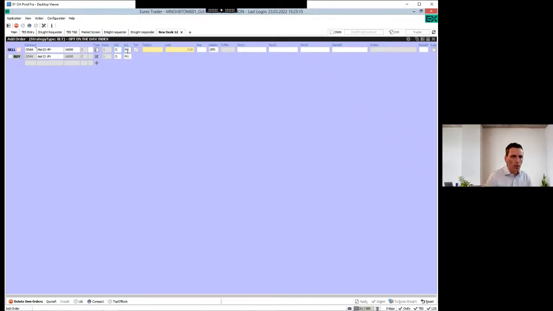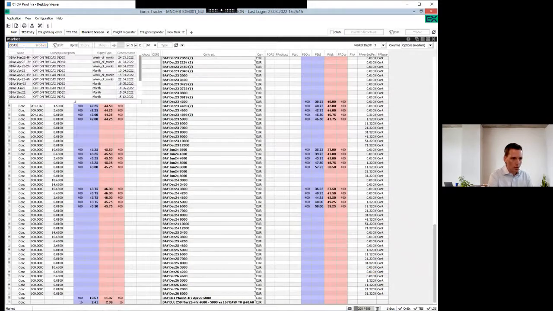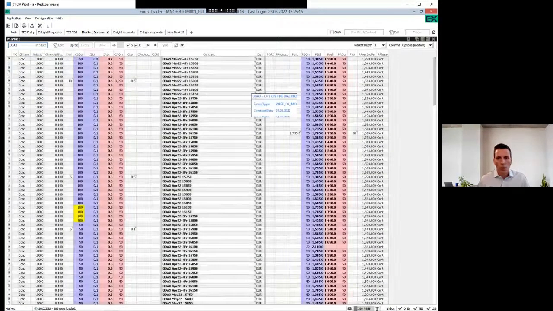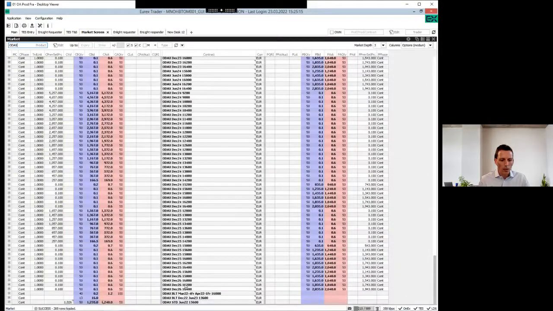You add the account, quantity. You can also add a limit here for the strategy trade, and then basically submit to the market. And if you now check the market overview, you see that the strategy has been created.